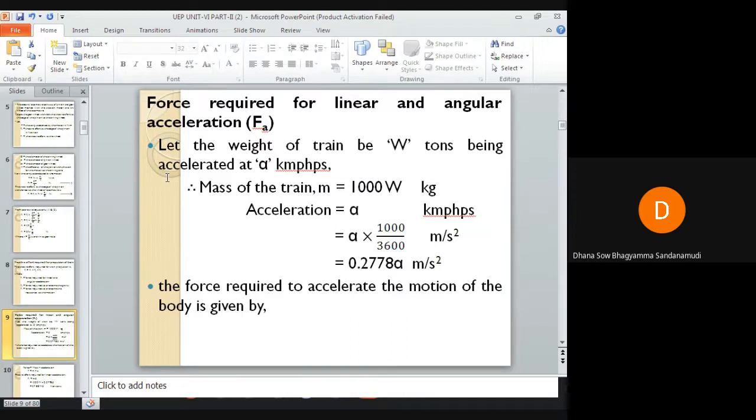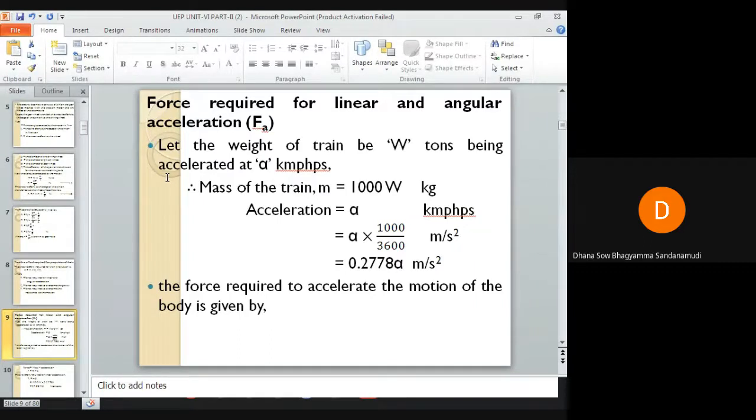Let us assume the mass of the train m is equal to 1000 W kgs. W is the weight of the train in tons.